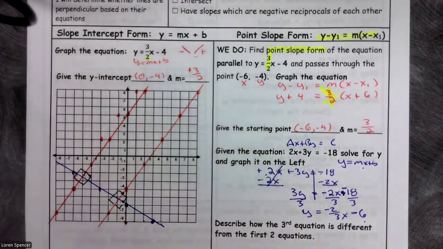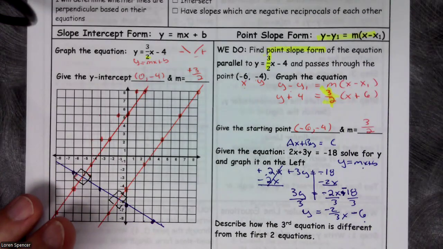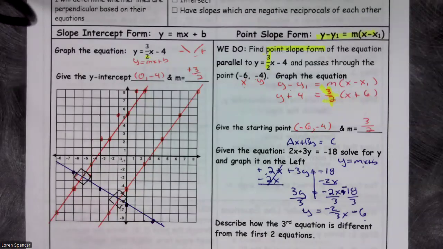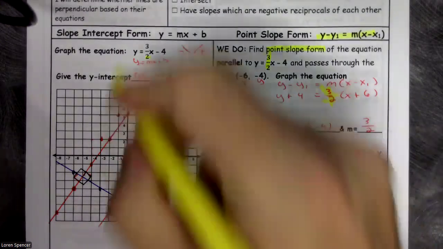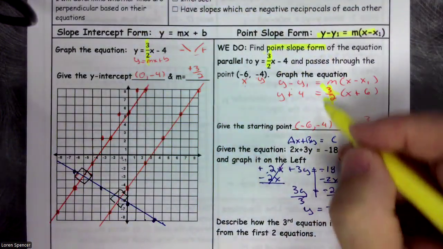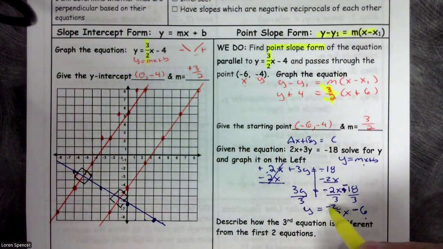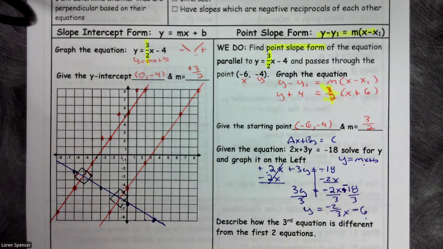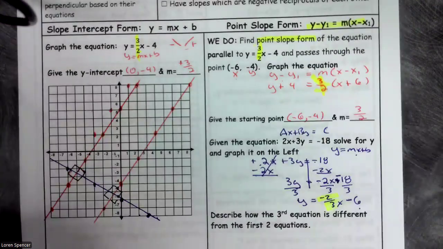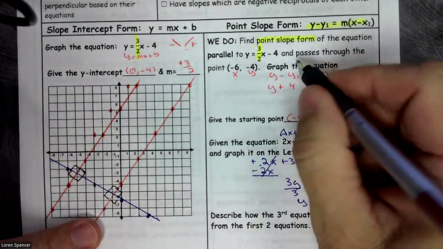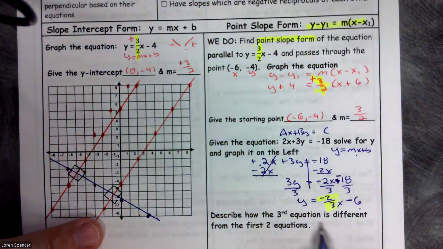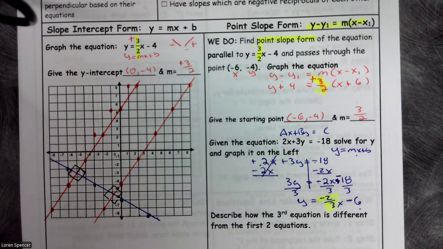So what do we notice about our slopes? Because the big difference is in the slope. These two had a slope of 3/2. This one has the same numbers, but they're switched and the sign has changed. Because this was a positive 3/2, but this is a negative 2/3.